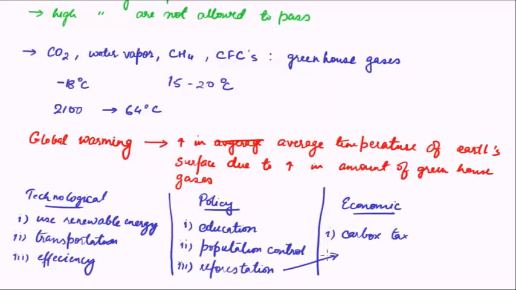Okay, so we have seen that it is quite important for us as a species and for the planet Earth to survive that we look at the factor of global warming very, very seriously. Else, as I discussed initially, there are a lot of things at stake.